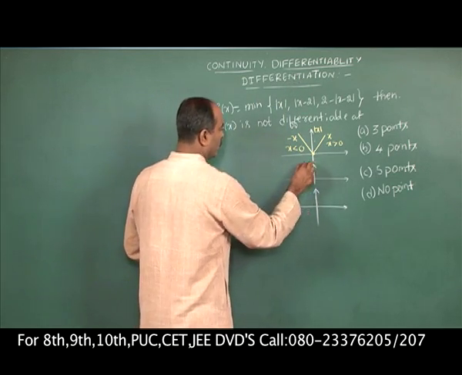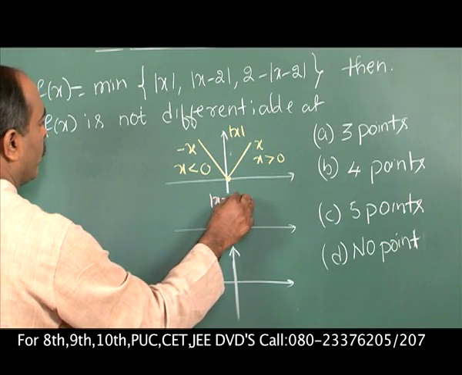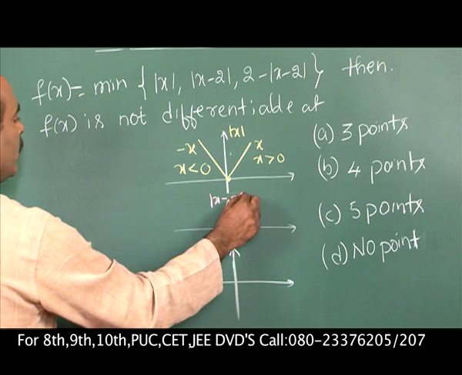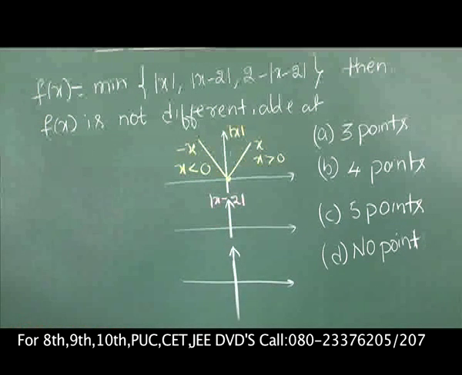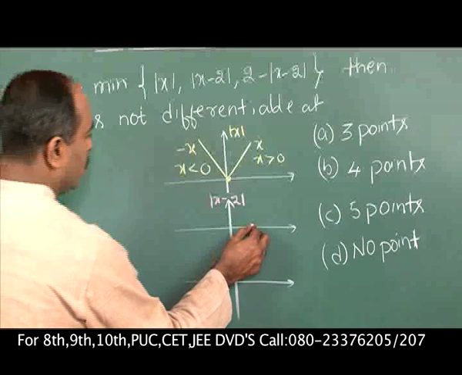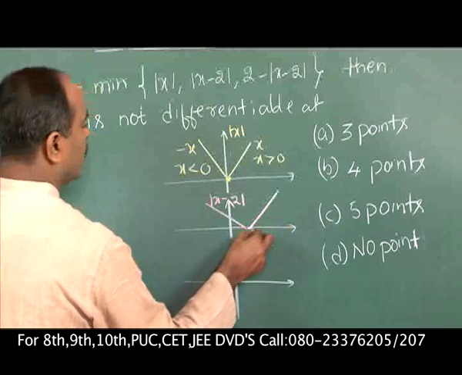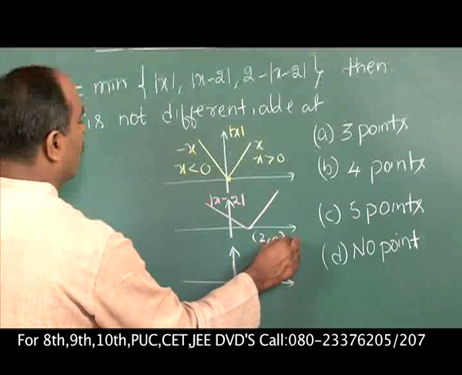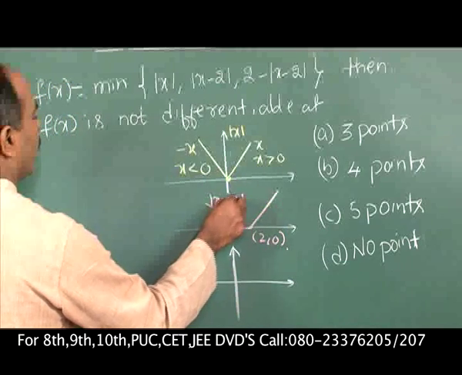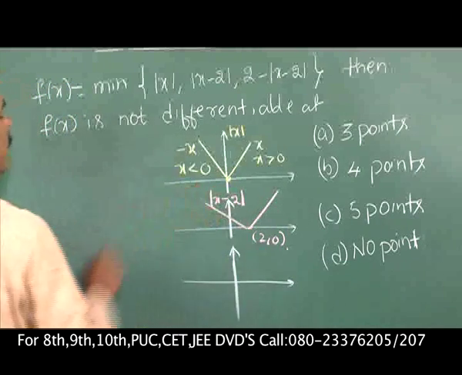For example, you are asked to draw the graph of mod of x minus 2. Equate x minus 2 to 0. You will get x is equal to 2. So, 2, 0 is the vertex. So, this is vertex 2, 0 and the graph is like this. This is mod of x minus 2.